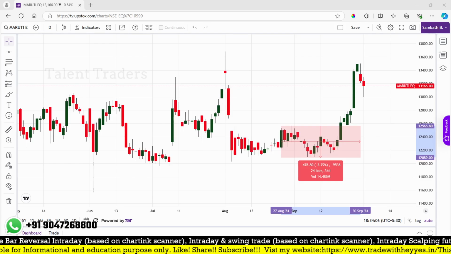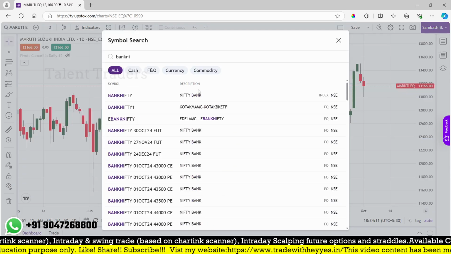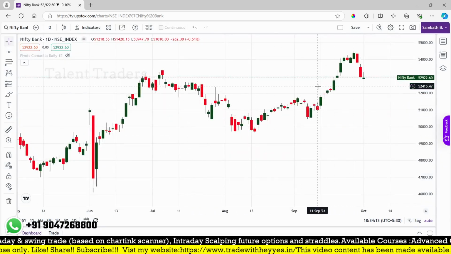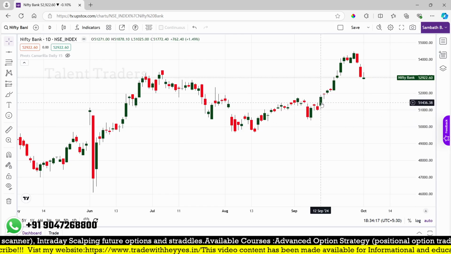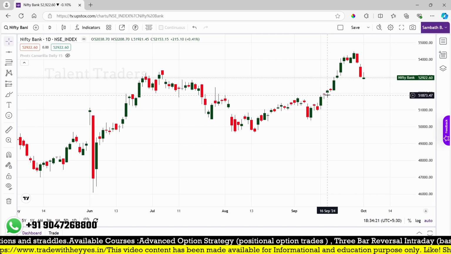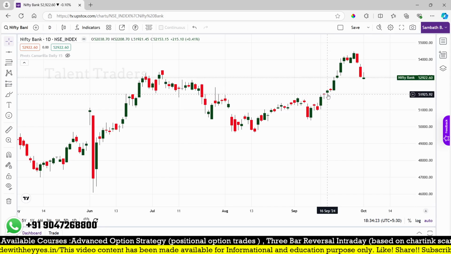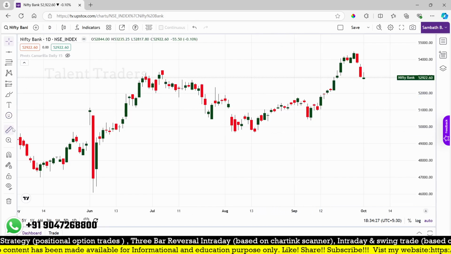Some other stocks we are looking at, like Bank Nifty, with less than 3% consolidation. Looking at around 16.9, from 12th September to around 16th or 18th September, and prior to this, for almost the last 30 days, it ranged within just 5%.